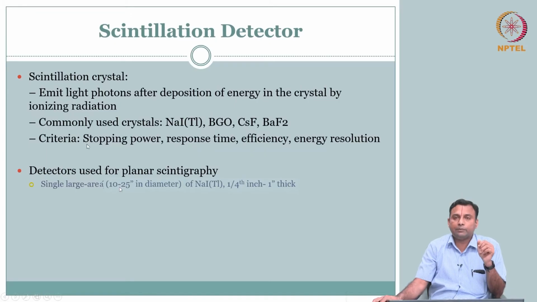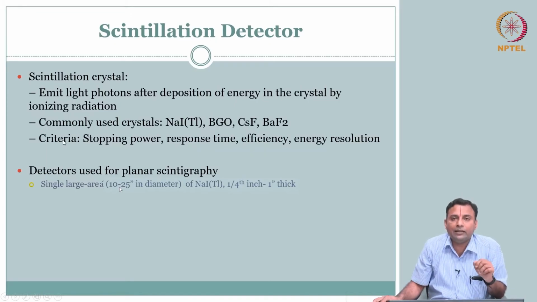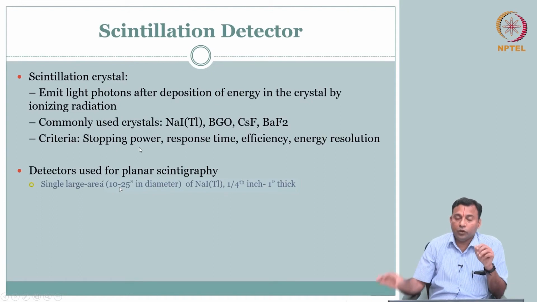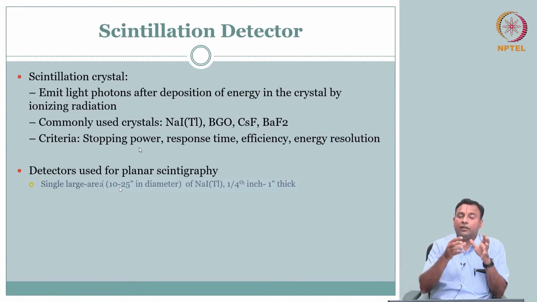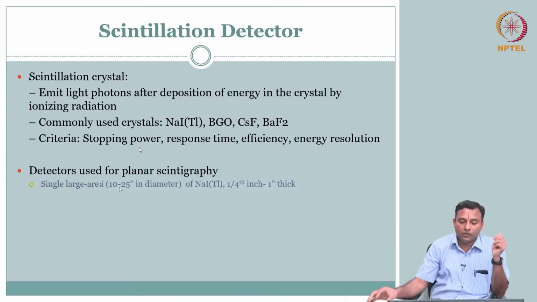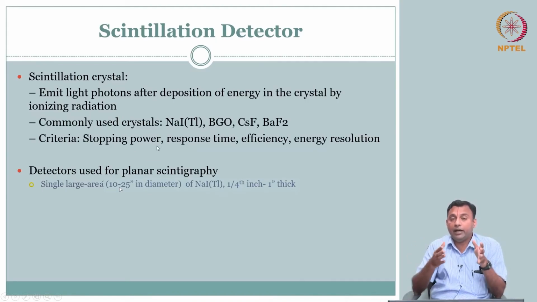So what are the criteria used for choosing a detector crystal material? Stopping power. You want the gamma rays coming in to be stopped; if it does not have stopping power, then the gamma rays will go out as well. In this case the stopping power is for gamma, which has a higher energy.